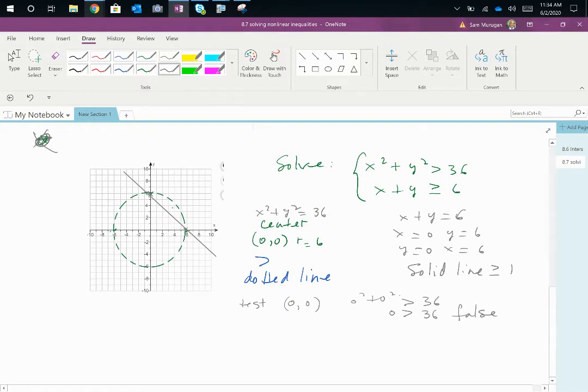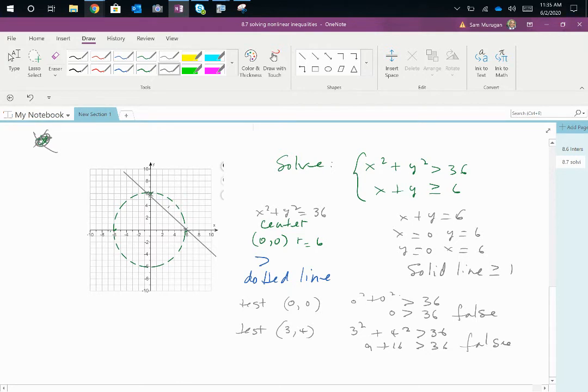Let's say at that point right there, test say 3 and 4. Okay, so 3 squared plus 4 squared is greater than 36. 9 plus 16 is greater than 36, and that is false.